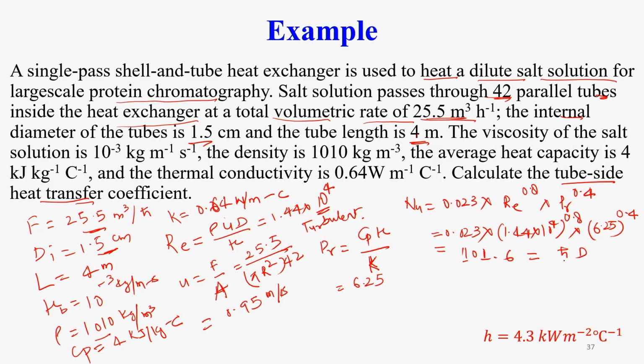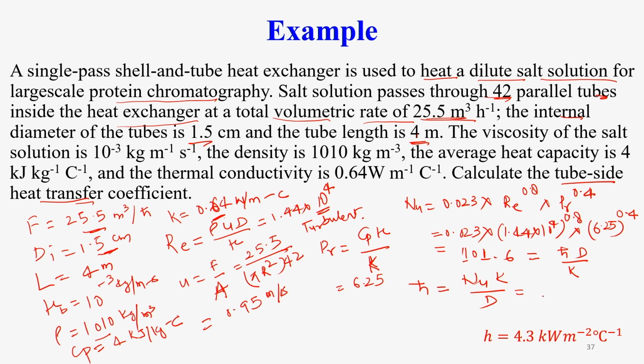This Nusselt number is equal to h D upon K. Now we can find the value of h as Nu into K upon D. So Nu is 101.6, K is 0.64 thermal conductivity, and D is 1.5 into 10 to the power minus 2.